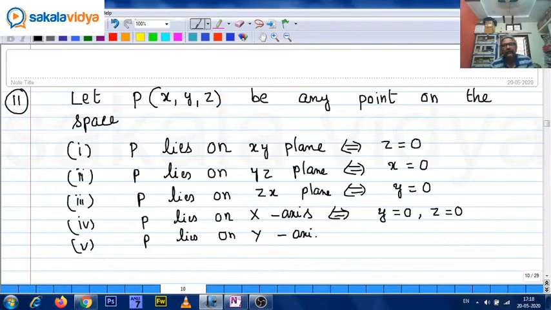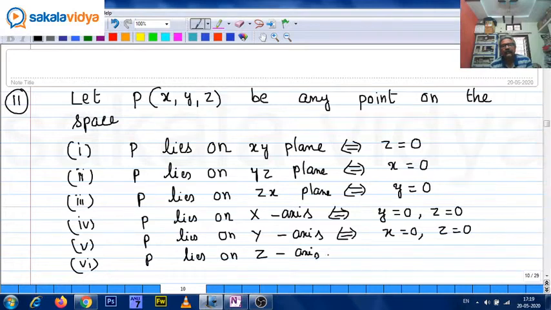These are very important points. So on the y-axis, x equals 0 and z equals 0. Sixth point, P lies on the z-axis. So now x is 0 and y is 0.